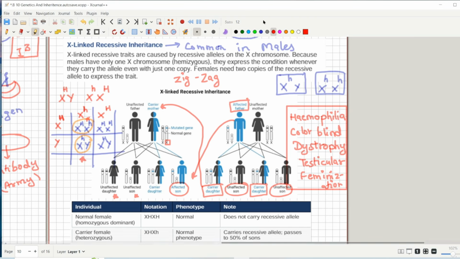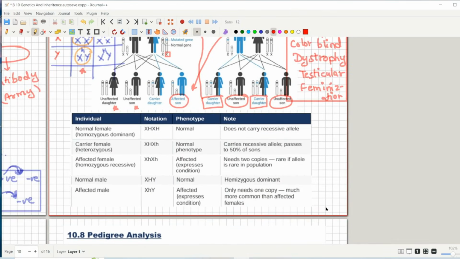So that was about X-linked recessive inheritance and its examples. As you can see here, these are the phenotypes and their notations. If both X are capital H, then it would be normal, and if it has one XH, then it would be a carrier. And if both of these X are small h, both recessive, then that is the only case a female will be affected. So for a female to be affected, the chances are really low, right?